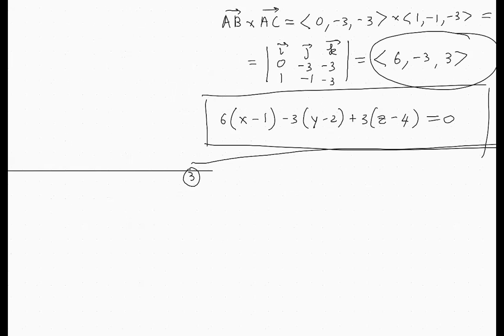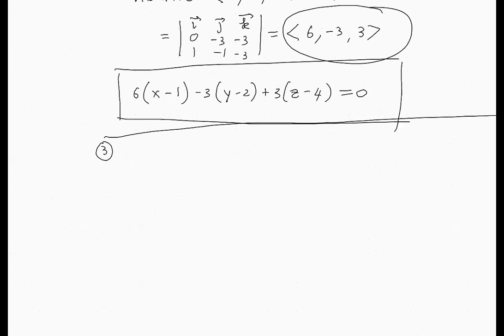But in any case, find all unit vectors that are perpendicular to the plane z is equal to 2x minus 3y plus 1.